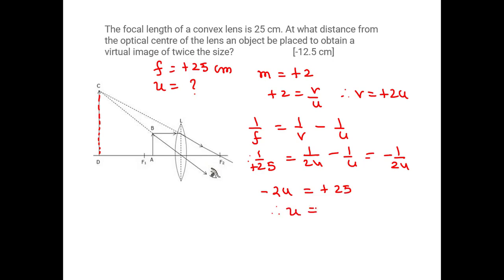That will give me a value of u equal to 25 divided by minus 2, that is minus 12.5 centimeter. Thus u is equal to minus 12.5 centimeter. So this distance from the optical center towards the object will be 12.5 centimeter.